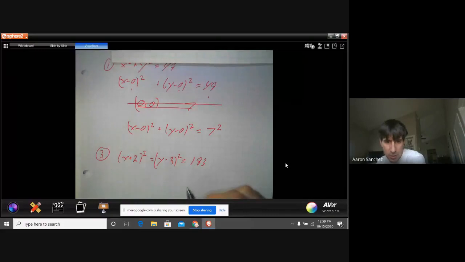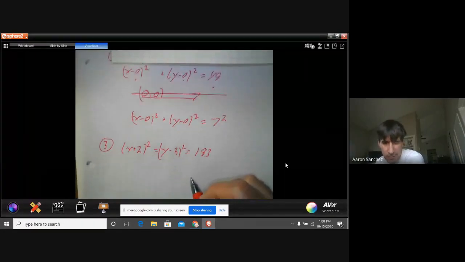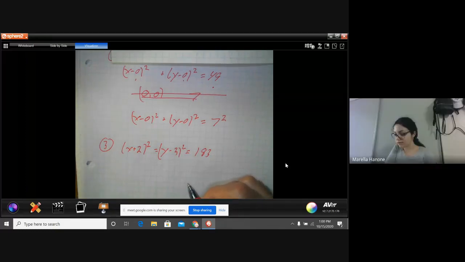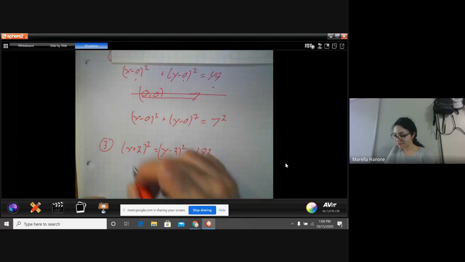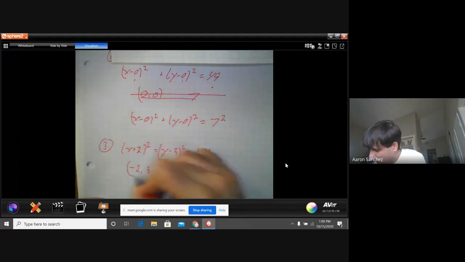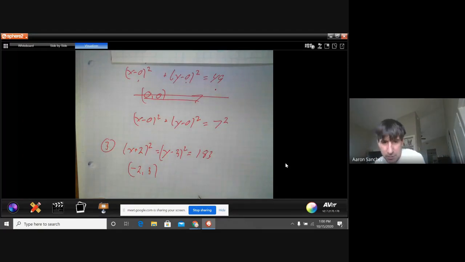Right here. What's the center? Oh, -3. Ooh, that's not what I meant. Sorry. Change the signs. -2, 3. Perfect. Remember, it's the opposite. It's going to be the opposite. Make sure you get that.